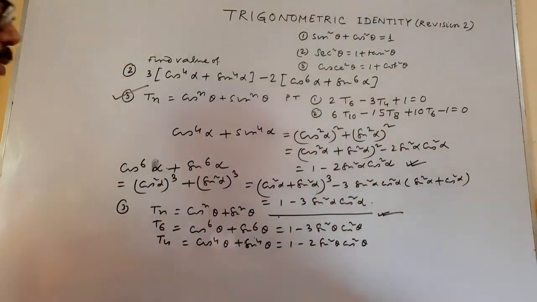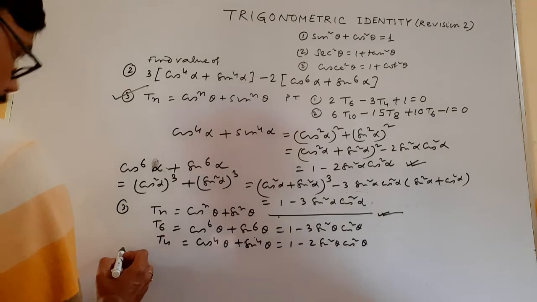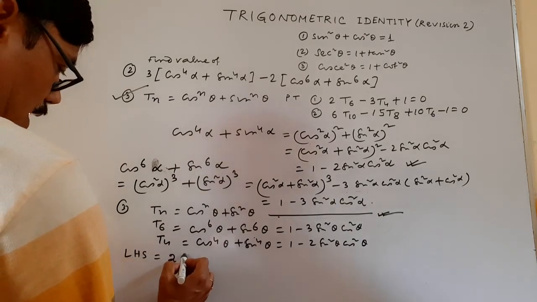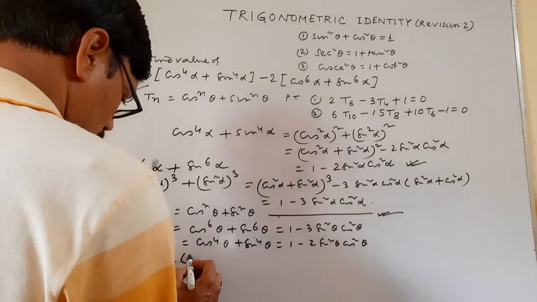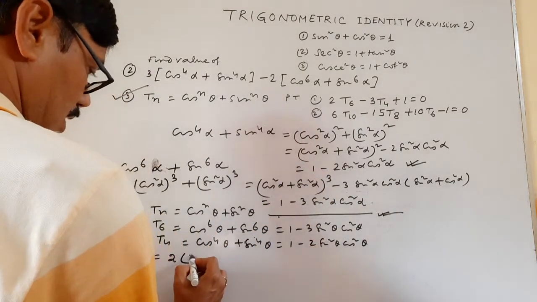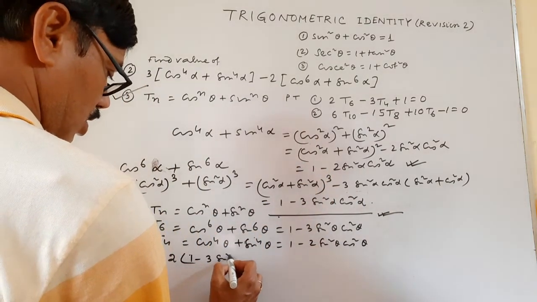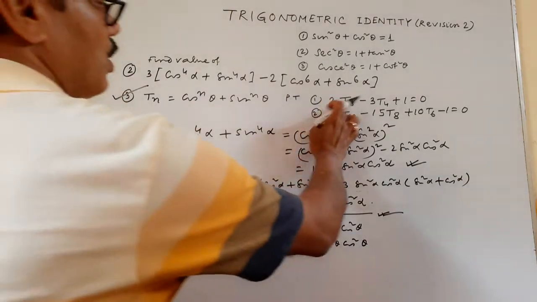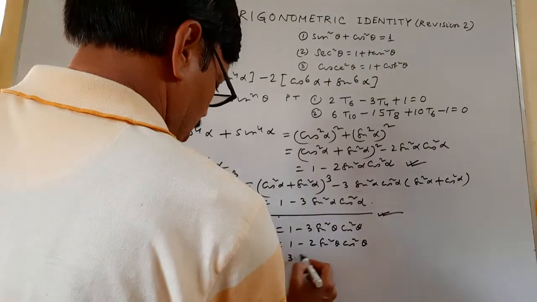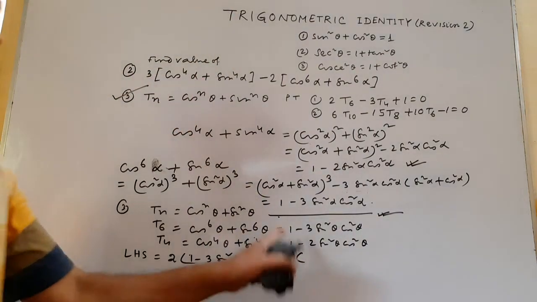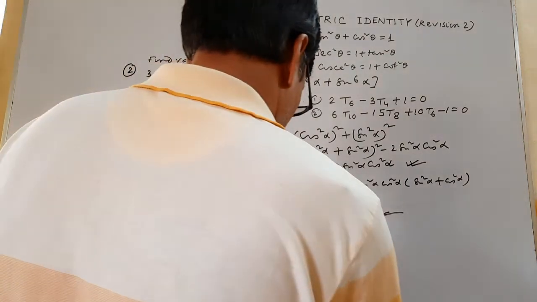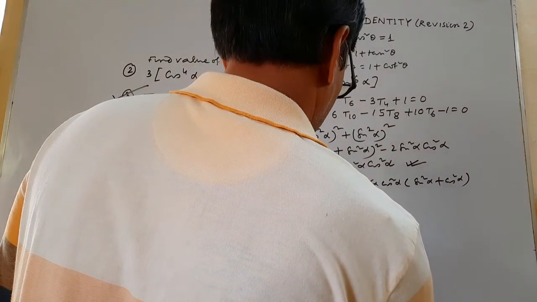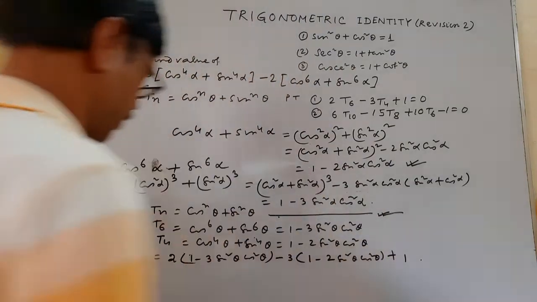So, problem number 1. LHS is 2 into T6. What is T6? 1 minus 3 sine square theta cos square theta. Then 3 into T4. What is T4? 1 minus 2 sine square theta cos square theta, plus 1.